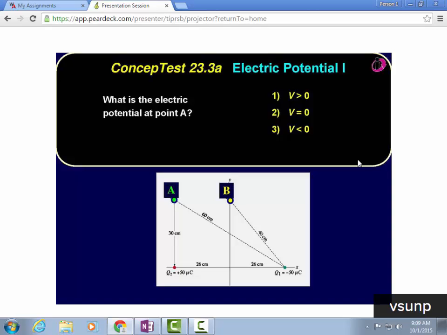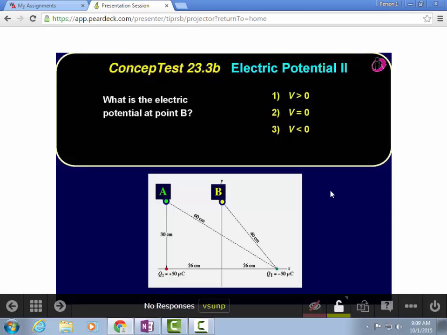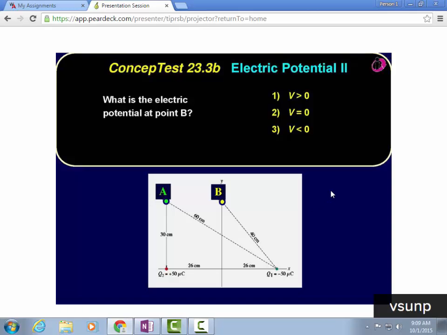It's greater than 0. Why? Because it's closer to the positive charge. All right, and B, it's going to be? It's right in between. So it's equidistant.